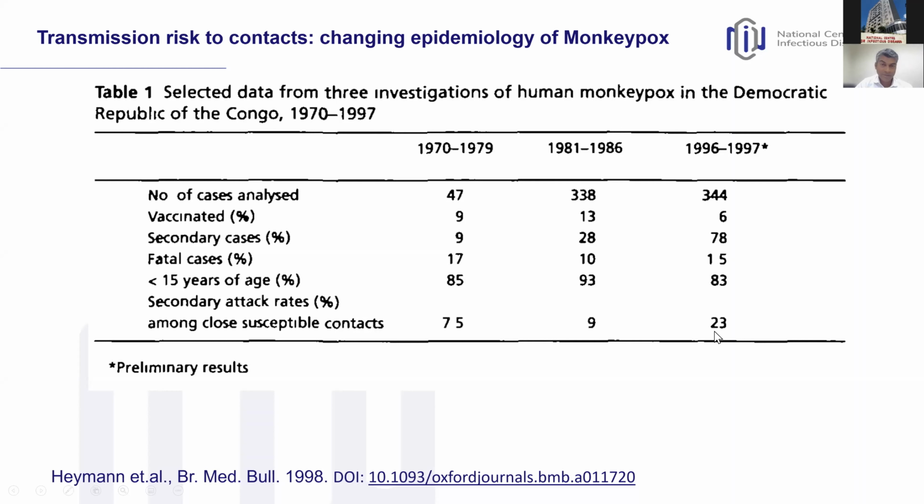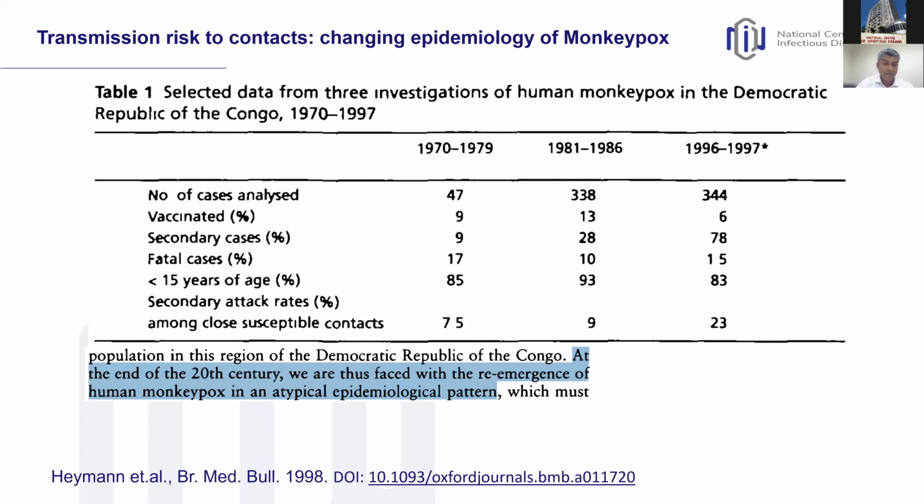And they actually somewhat rightly predicted that at the end of the 20th century, okay, that happened a bit later, we are thus faced with the re-emergence of human monkeypox in an atypical epidemiological pattern. It's probably an understatement considering what we are seeing in 2022 during the current monkeypox outbreak.